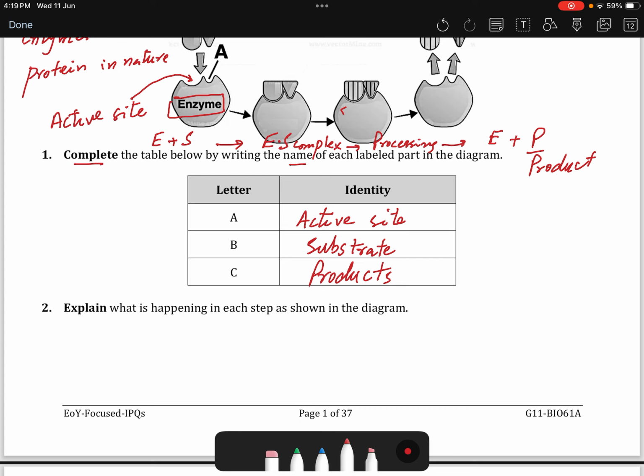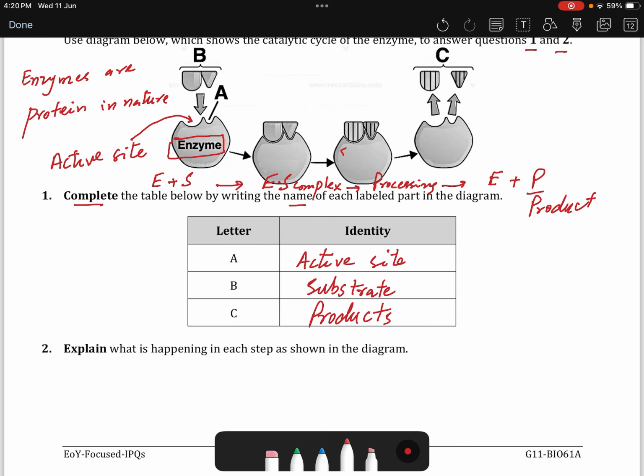Explain what is happening in each step as shown in the diagram. I have already explained what's happening over there, so you can say the same in your own words. In step number 1, in the first stage, the enzyme binds to the substrate. So it's E plus S, then it leads to the formation of the ES complex, then to the processing or catalytic reaction or chemical reaction, and in the end it leads to the formation of the product.